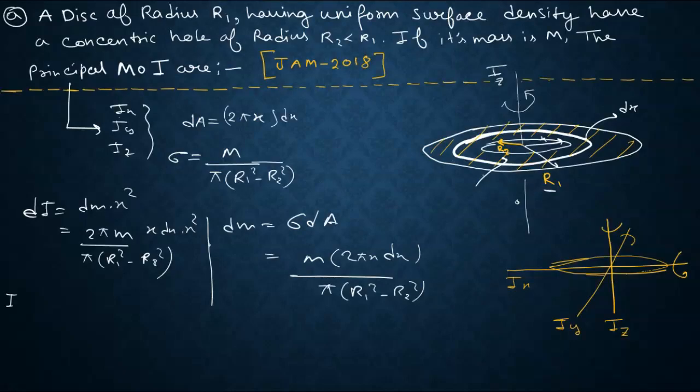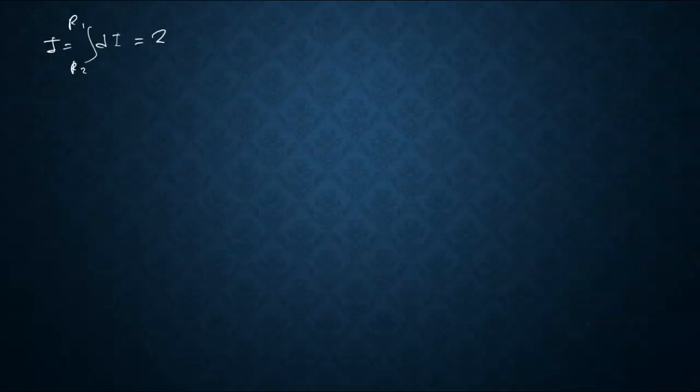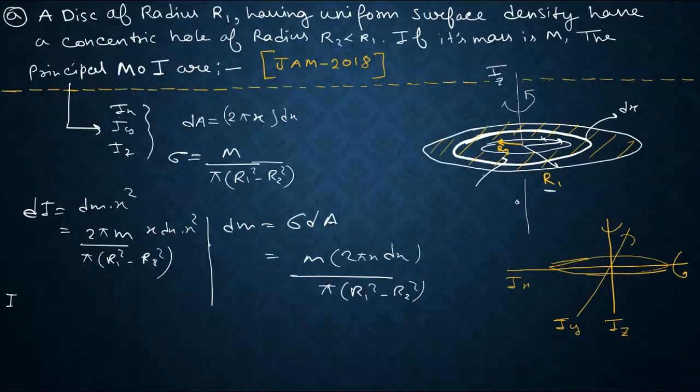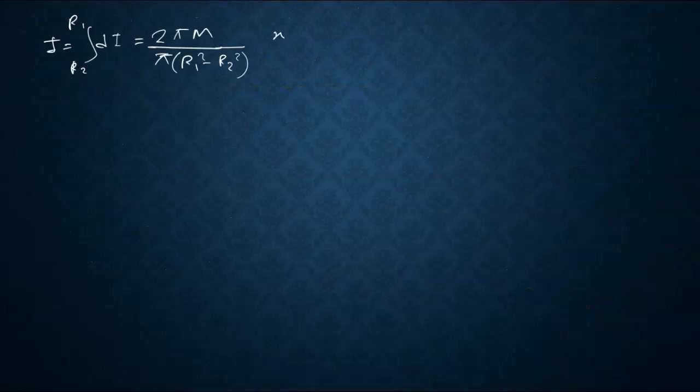So I equals the integral of dI from r2 to r1, which equals 2 pi m by pi (r1 square minus r2 square) times the integral of x cube dx from r2 to r1, right?